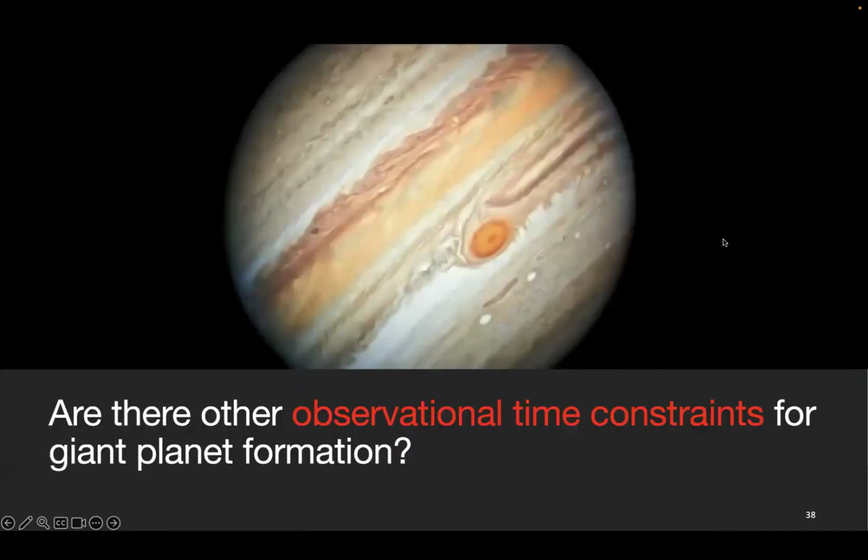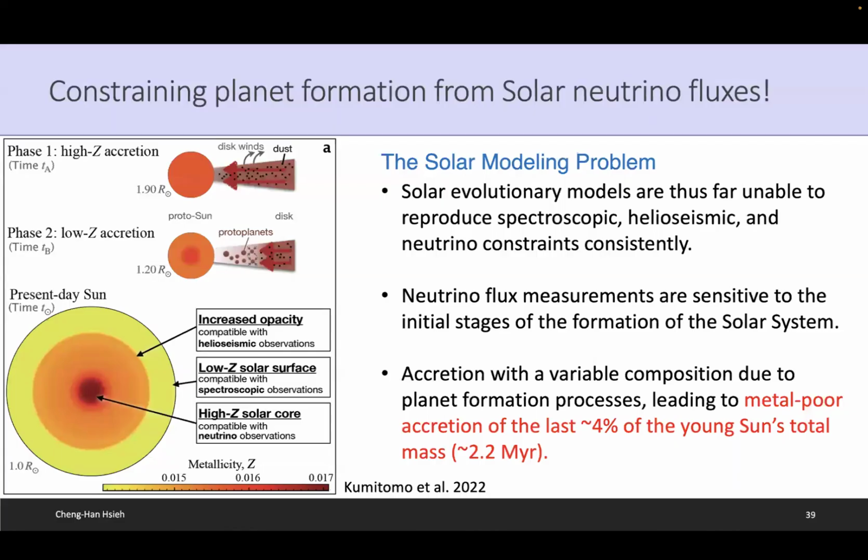In addition to the ALMA substructures, we can ask, are there other observational time constraints for giant planet formation? We can also constrain planet formation from our Sun, from the solar neutrino flux.